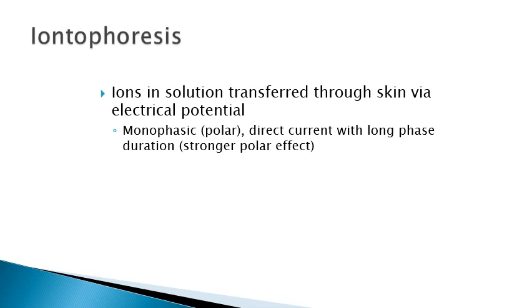With iontophoresis, you need that because you need the very strong polar effect in order to drive the medication through the skin. So you have the anode, which is the positively charged side, and the cathode, which is the negative. The idea is that you have to know the charge of the ion or the medication that you're using, because you have to match that with the proper electrode.